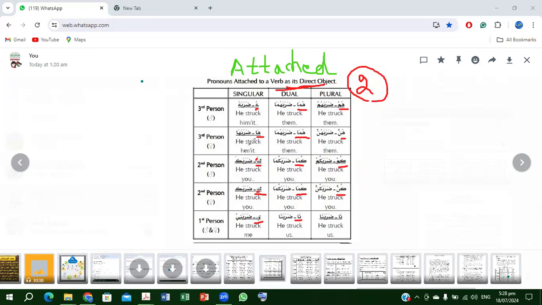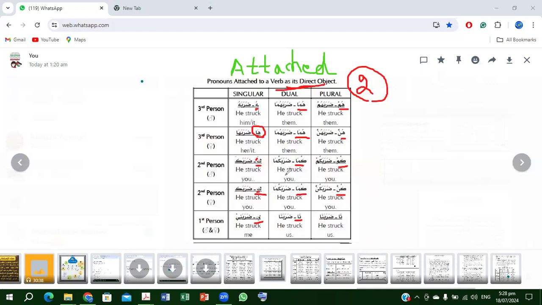Darabaha, he hit her, because now her is for female, and it has become the object. Similarly, darabahuma, he hit both of them, girls, and darabahunna, he hit all of those females. Darabaka, he hit you.